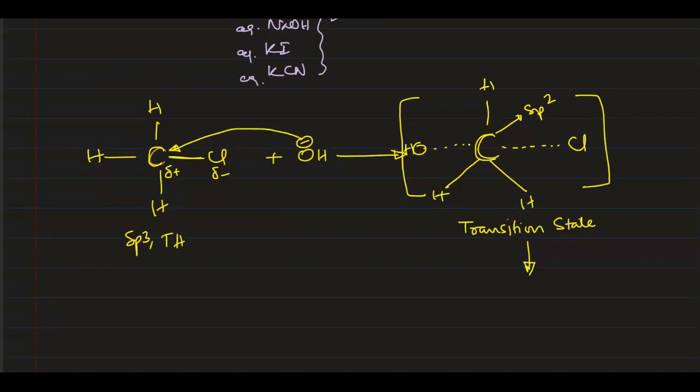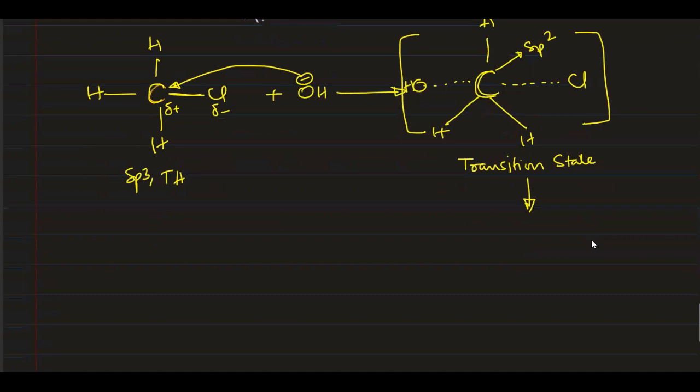So now this transition state undergoes rearrangement, or change in its structure, and forms H, OH, H, H. In this way I get methanol.